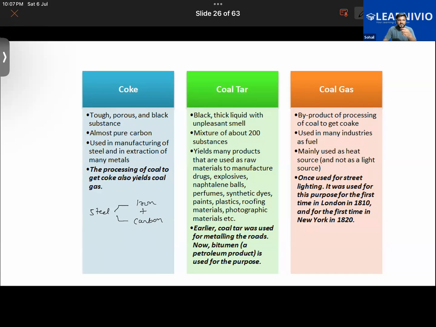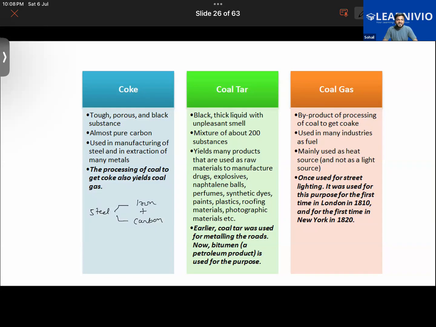Cloth moths, carpet beetles, termites or cockroaches can damage clothes, so to keep them away, naphthalene balls are used. Naphthalene balls are also manufactured using coal tar.